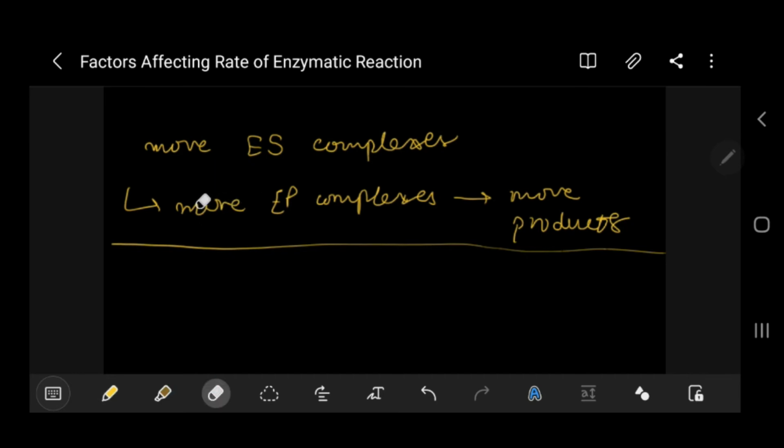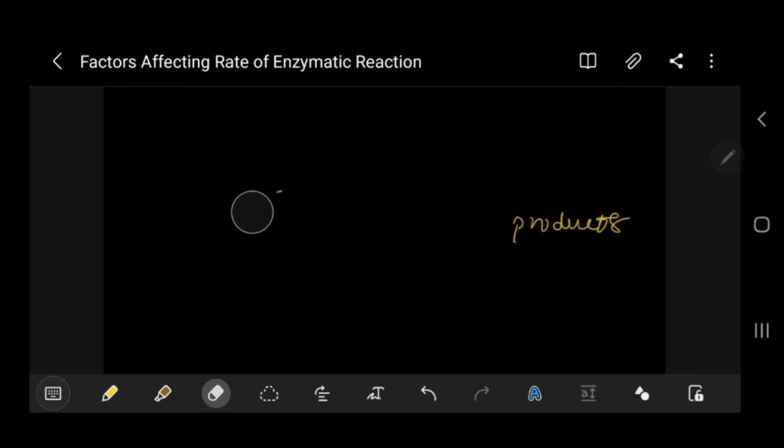Now let's look into what happens when the temperature exceeds a lot.